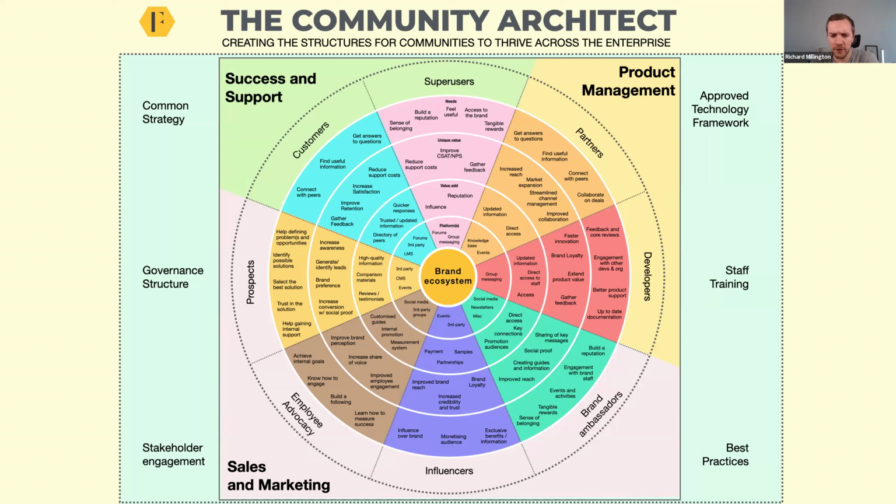And if you're doing this kind of community architect role now, maybe put your answer in chat if you can. And we're going to try and keep up with chat. How many of you feel you're doing a community architect role now?